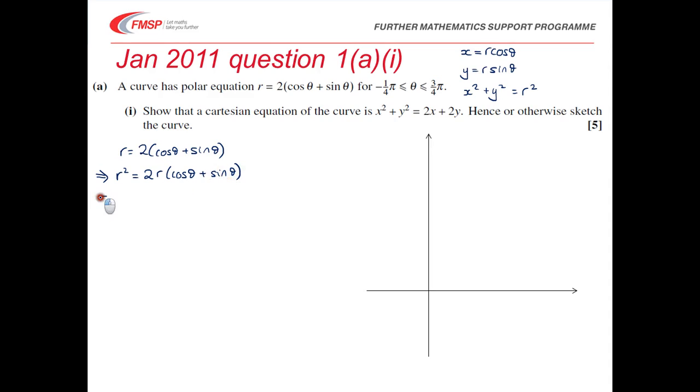Now I can substitute in my relationships. r squared we know is x squared plus y squared. 2r cos theta is 2x and 2r sin theta is 2y. So there we are already at the Cartesian equation given. Now I've got to make a sketch, and I can see from this Cartesian equation that it is the equation of a circle, so I'll just continue with my working to get that into a form where I can read off the centre and the radius.